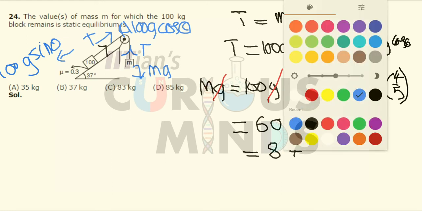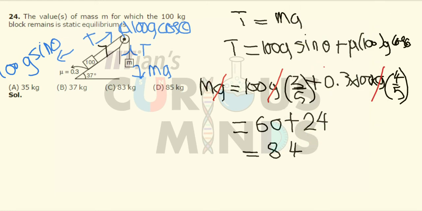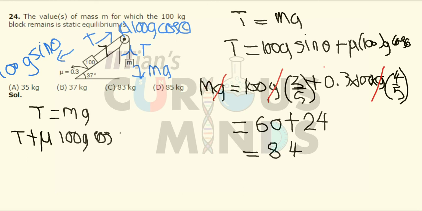So for this part, T will again be equal to mg, and for the left hand side, it will be T plus mu 100 g cos theta equal to 100 g sin theta.